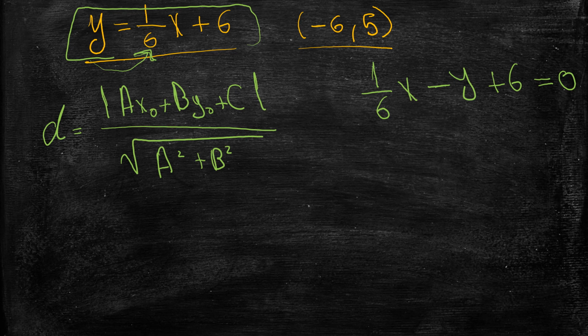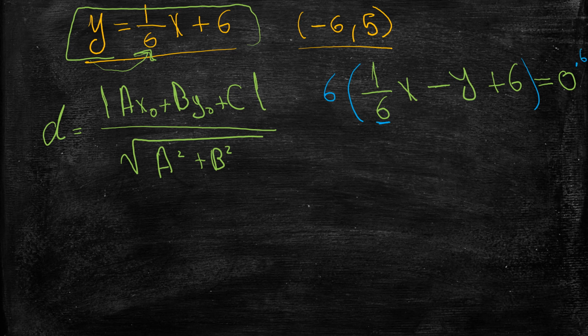In standard form also, we need to have integer coefficients. As you see here, the coefficient of x is 1 over 6, which is a fraction. So in order to change it to an integer, I'm going to multiply both sides by 6, which is the denominator.